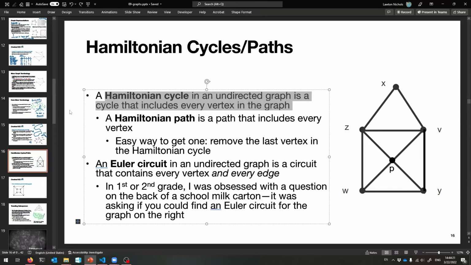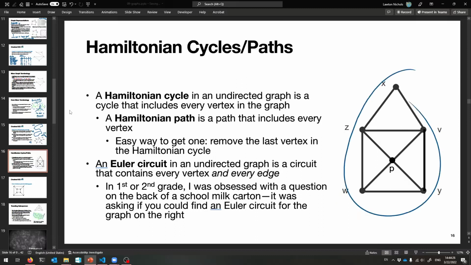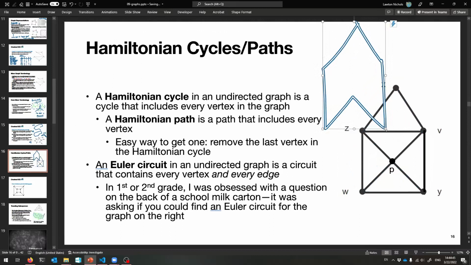So can we find a Hamiltonian cycle in this graph, for example? You've got to include that one, that one, that one, that one, that one, and that one. That is a Hamiltonian cycle, it would seem.